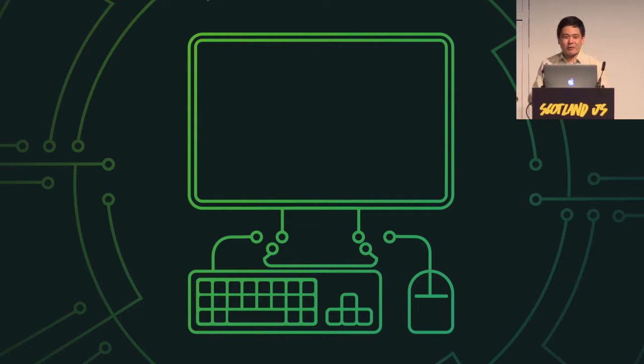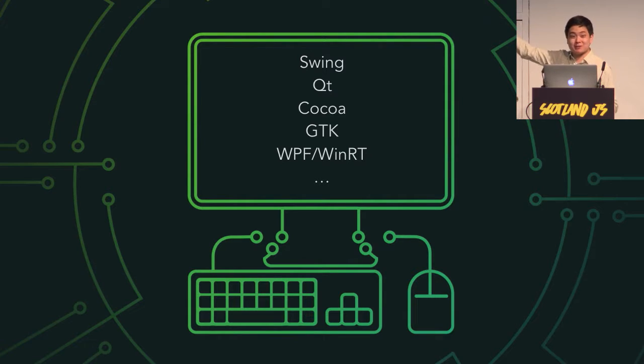So the desktop has had a very long history, right? It is sort of the original revolution of putting these computing devices in front of you. But the application frameworks on them have been pretty stagnant for quite a while. There are lots of traditional ways to build desktop applications, compiled languages, C++, a lot of the types of frameworks that you had to build on top of that too.